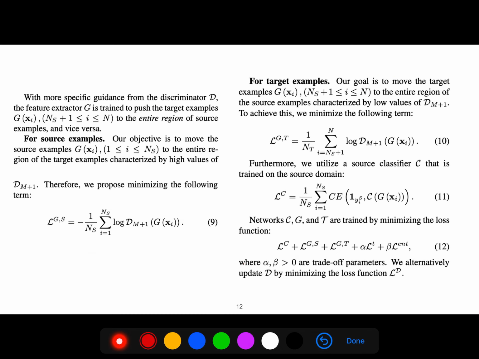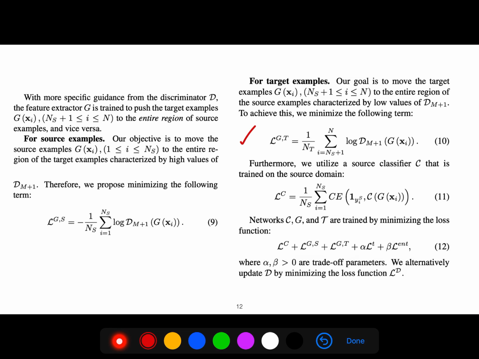Our objective is to move the source examples to the entire region of target examples characterized by high values of D. So we propose minimizing the following problem. For target examples, our goal is to move the target examples to the entire region of the source examples characterized by low values of D. So we minimize this term.